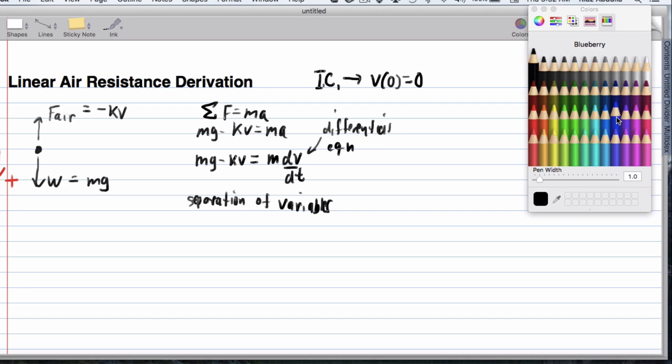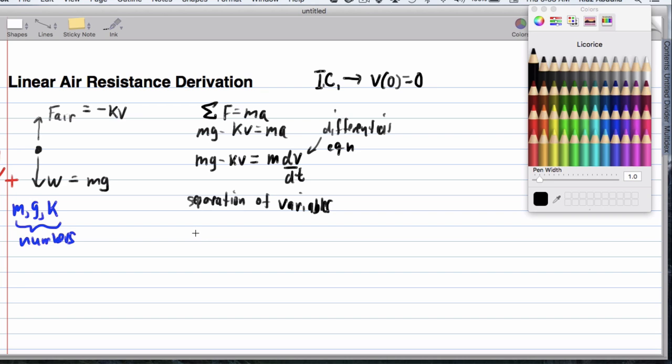Another thing I want to emphasize is that mass, gravity, and the air resistance constant, the drag coefficient as it's called, are all constants. We treat them like they are numbers, with a little bit of a twist, which is that we're going to do just a small bit of algebra with them to make sure that the calculus we want to do comes out as simple and as easy to manage as we can make it.